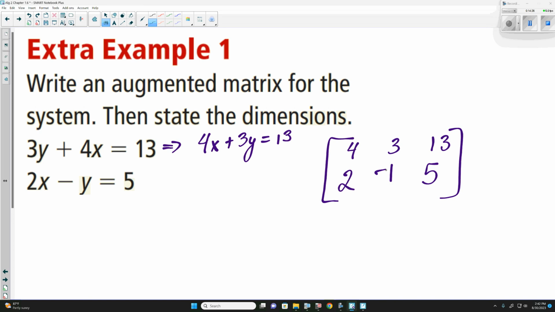Questions on this here? And what would the dimensions of this be? 2 by 3. 2 rows, 3 columns. Yeah, that's our full answer.